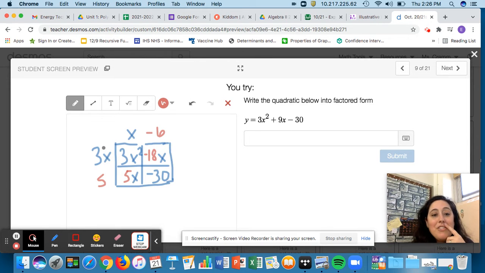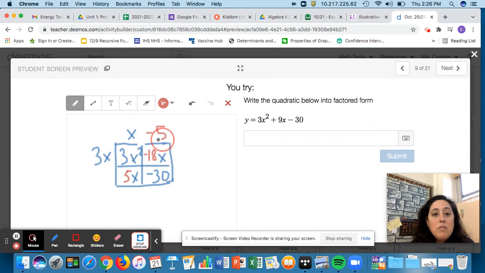And actually, I just remembered something. The fact that there's a number in front of this x might throw it off. Let me just try switching these, right? Put the 5 up here and the 6 down here. I actually forgot that we had a number in front of that x. All right, let me see if this works.